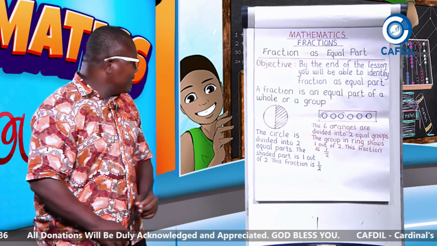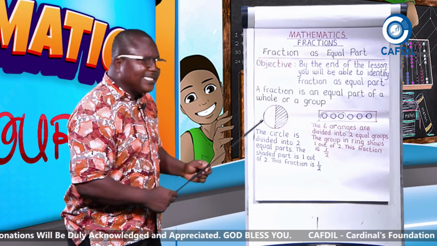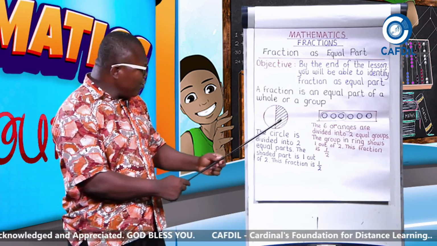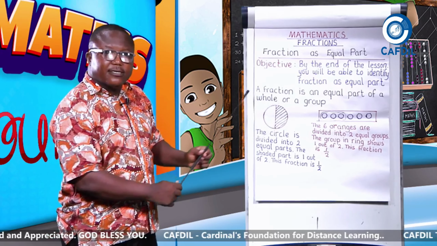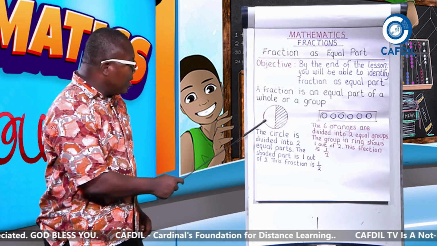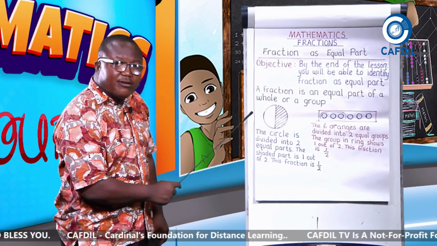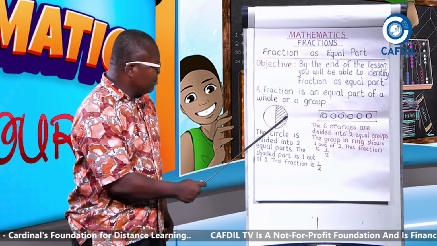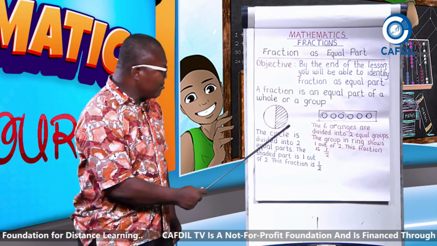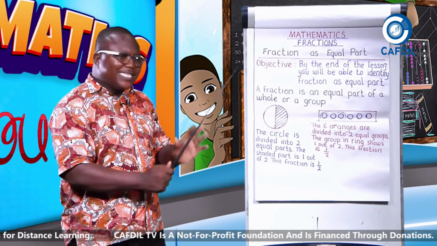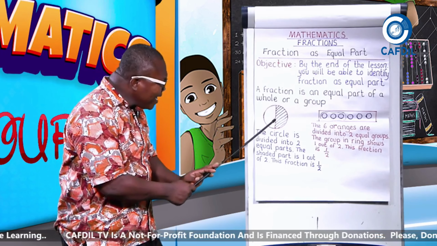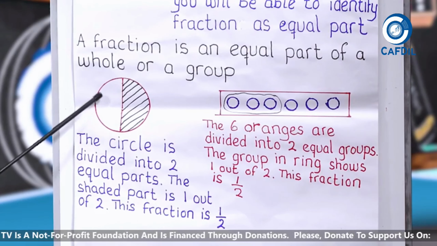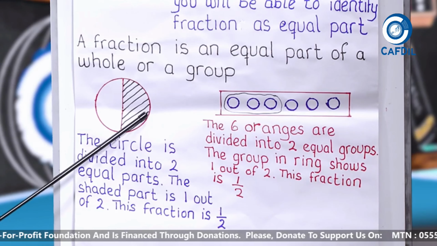Wonderful learners. Now when you look at this picture, the picture I have here, this is a circle. It's one full circle, which has been divided into two equal halves. We have the one half here and then the other one half here.